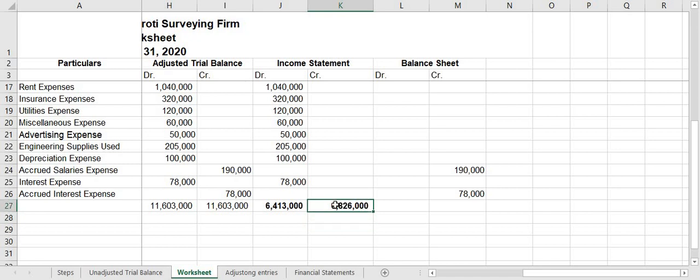So it is obvious that the company earns profit because the credit portion of the income statement is greater than the debit portion of the income statement.